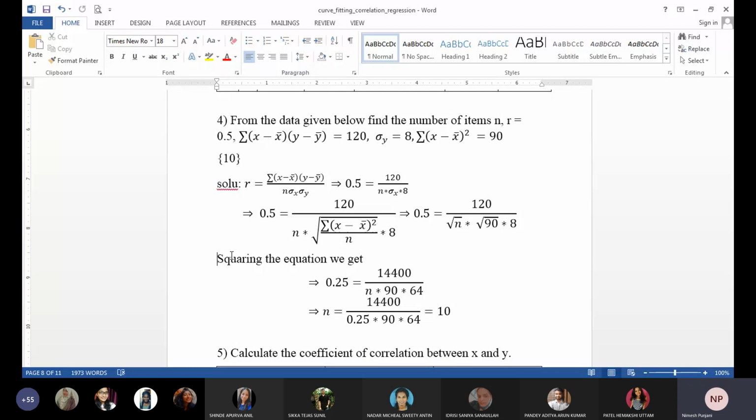Root n squared will give us n. Root 90 squared will give us 90. And 8 squared gives us 64.